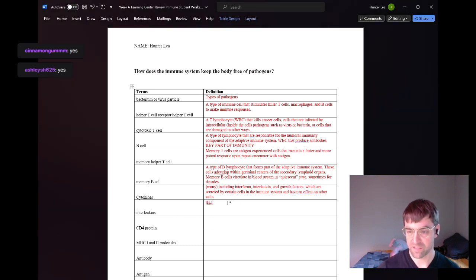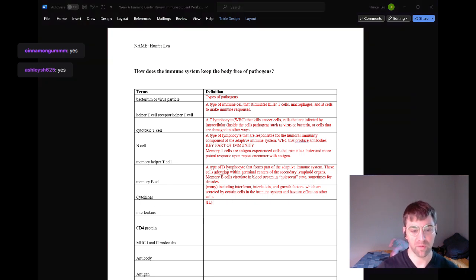Interleukins, you might see this abbreviated IL. These are a type of cytokine first thought to be expressed by leukocytes alone, but we later found that they can be produced by many other body cells.